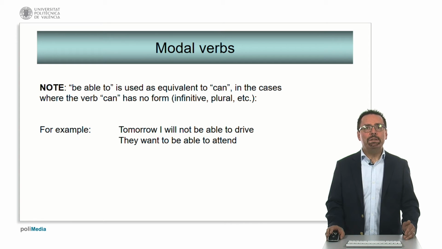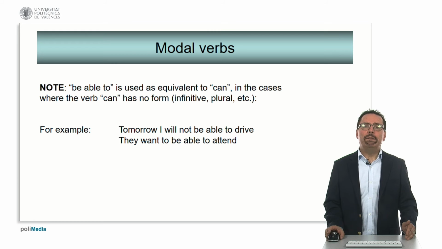It's important to note that the complex verb be able to is used as a synonym of can, in the cases where we don't have a verb form of can, in the infinitive, the plural, etc. Here we have two examples: tomorrow I will not be able to drive, or they want to be able to attend.